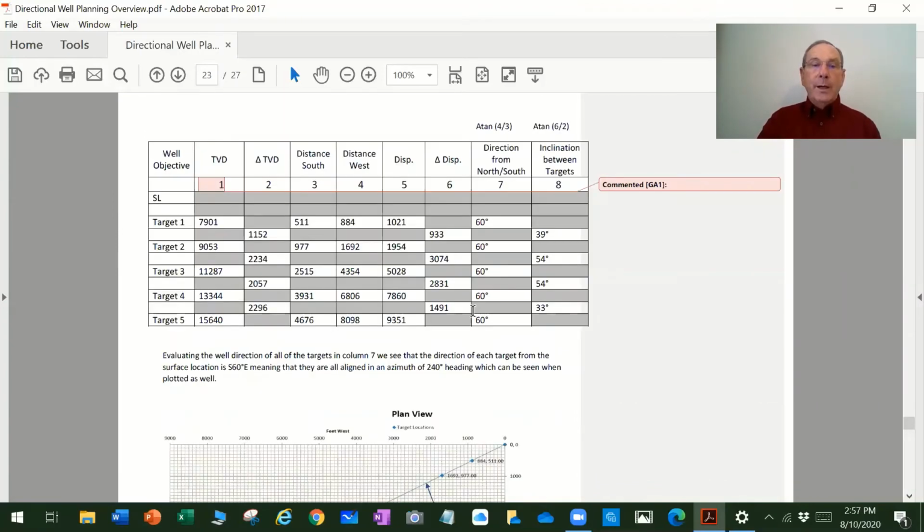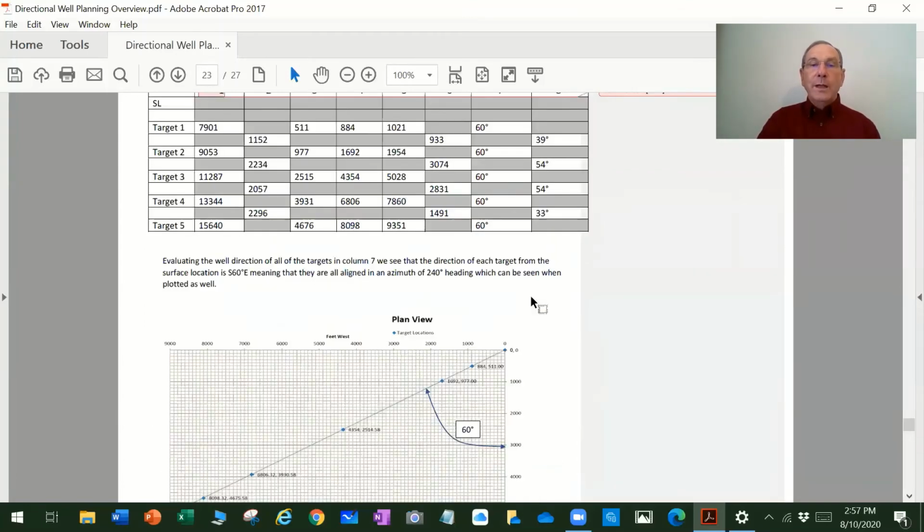We also can look at this chart and see that between targets number 2 and target number 4, they're lined up at an inclination of 54 degrees. So it's 54 degrees between target number 2 and target number 3. It's also 54 degrees between target number 3 and target number 4.